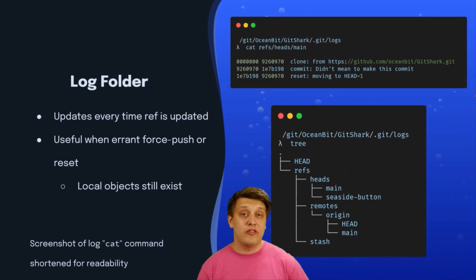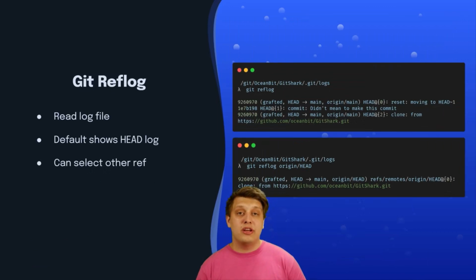Because of this log file, we're able to still see the object ID of that commit. While the reset has updated the head, it has not removed the local objects. This means that we can go check out that commit and still grab the files that we need, which are important. This log functionality can be accessed using Git's reflog command.